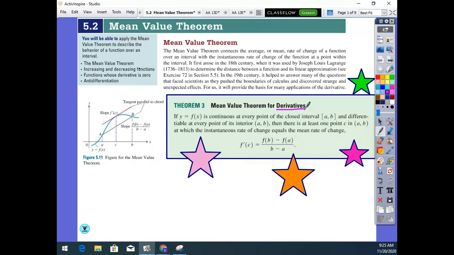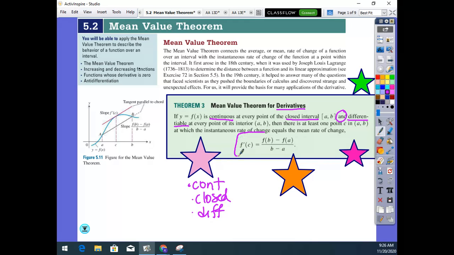All right, so there's a couple of things. The function has to be continuous. It has to be on a closed interval, and it has to be differentiable. Those three things: continuous, closed, differentiable.